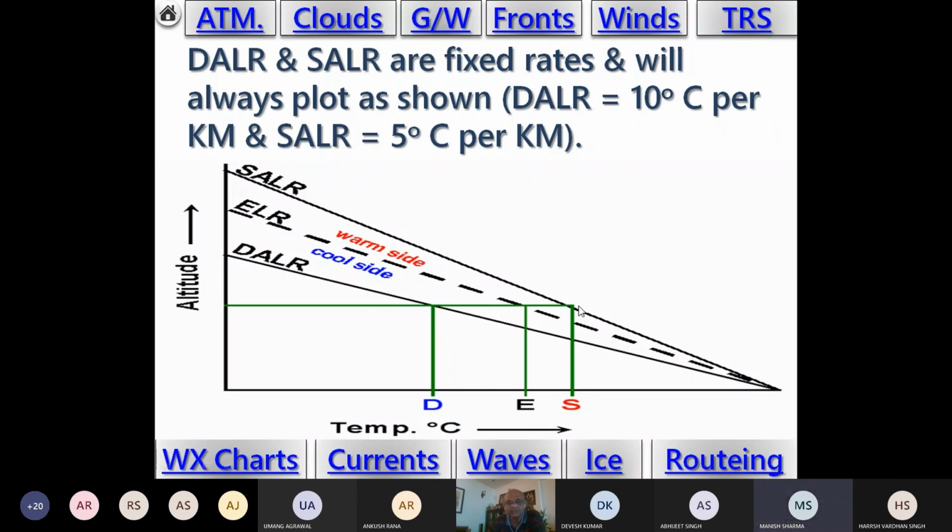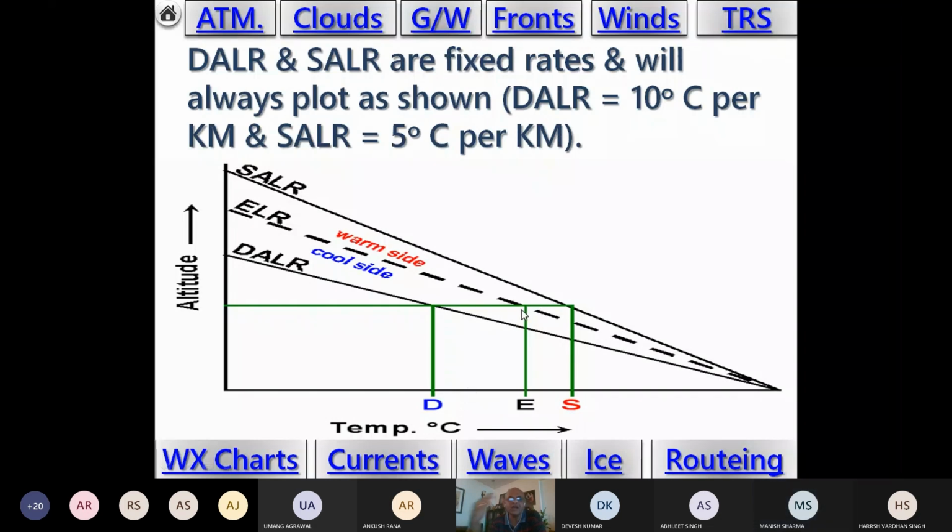Yes, sir. Because for simple reason, the temperature here is less, here it is warm. And so therefore, the rule is the area which is to the right of the environmental lapse rate is a warm side. Similarly, the area toward the left of the dotted line, the environmental lapse rate, is the cold side because this temperature is colder than this.